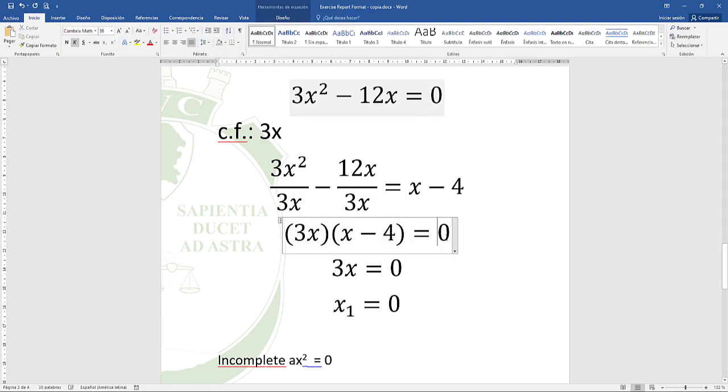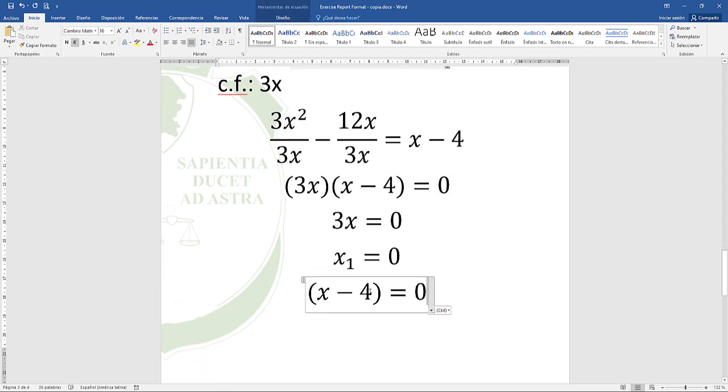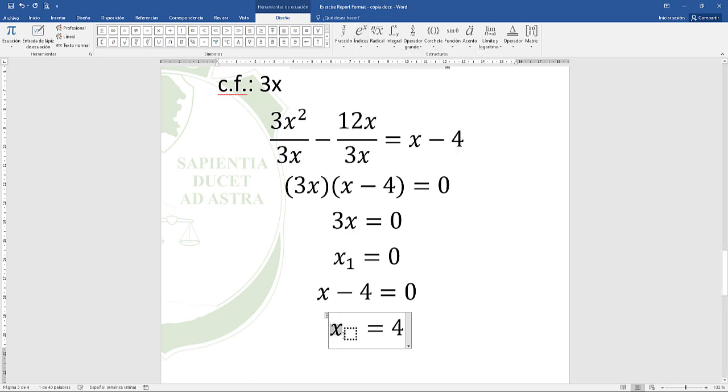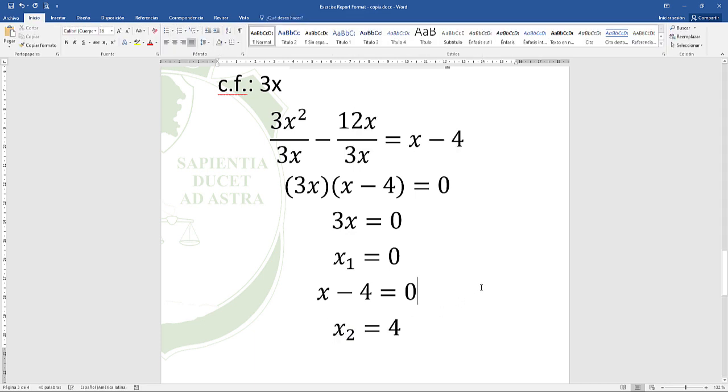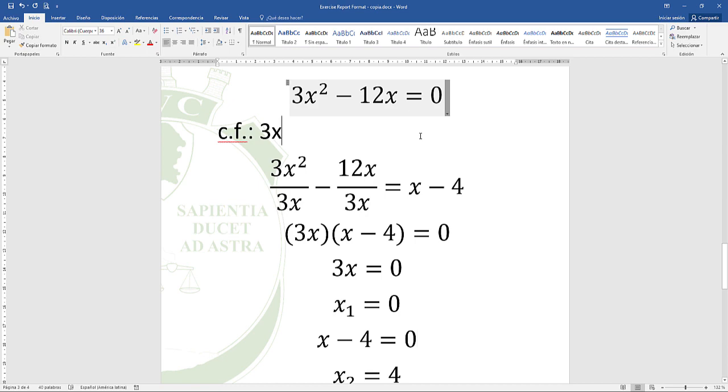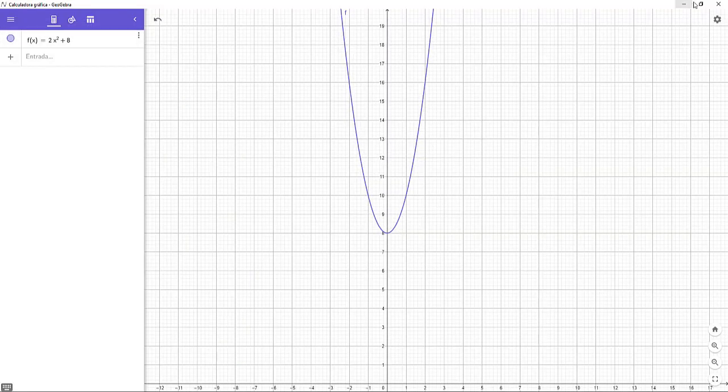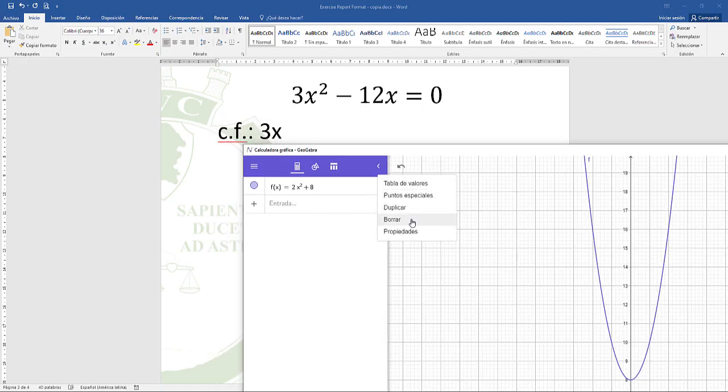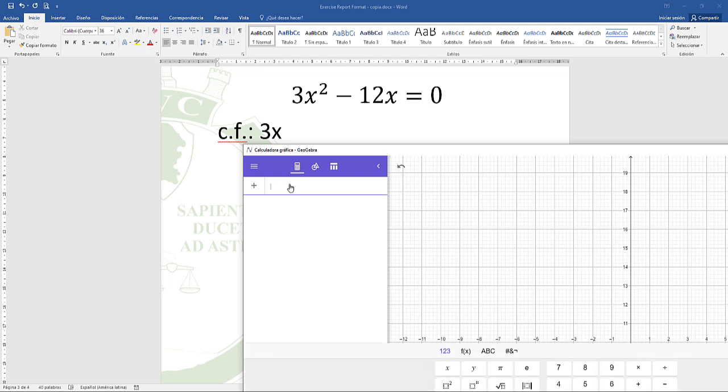And the other part, you need to isolate or clear. You need to pass that to the other side, and this is x2. Now we will create a chart of that. This is 3x squared minus 12x.